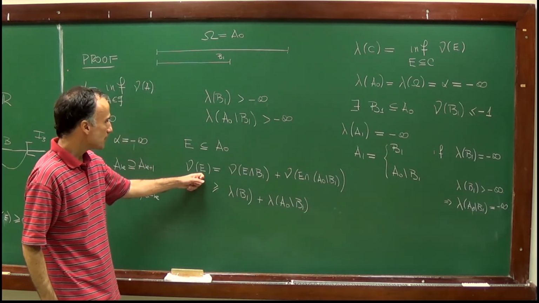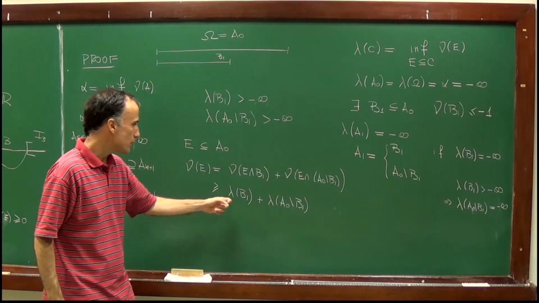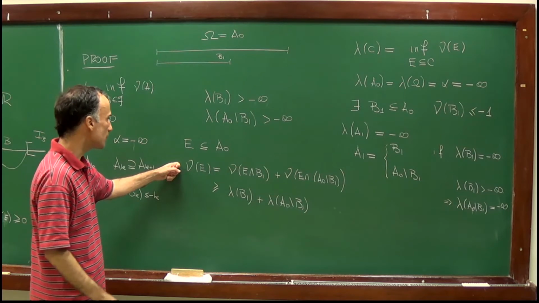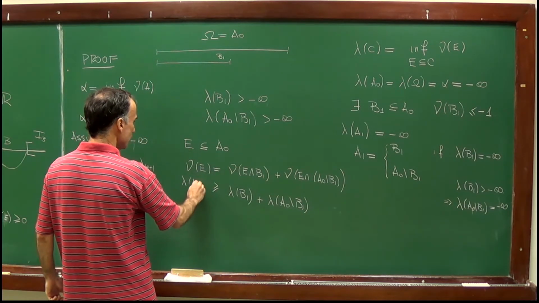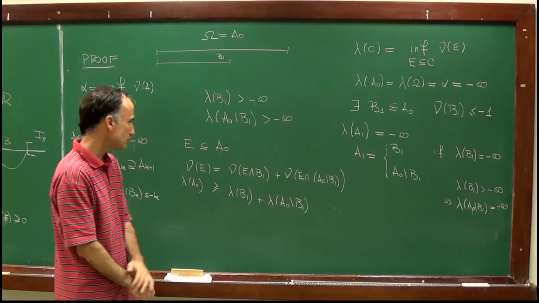So any subset E of A0 has measure which is bounded below by this real number, and therefore the infimum is bounded.